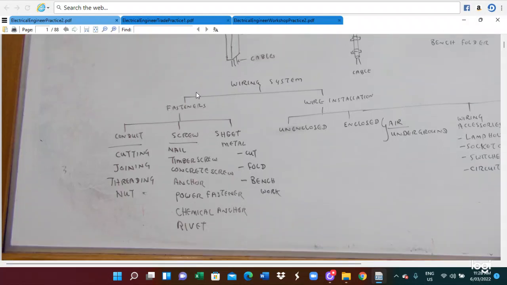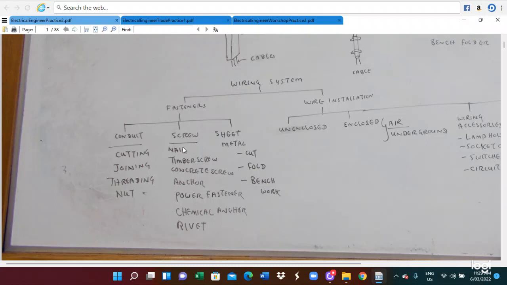Therefore, the wiring system components can be divided into two major aspects. One is the fastener. The inner wiring system includes the fastener and the wire installation. Fasteners include the conduit. In this case, you need to cut the conduit, thread the conduit, and install the nuts on the conduit.